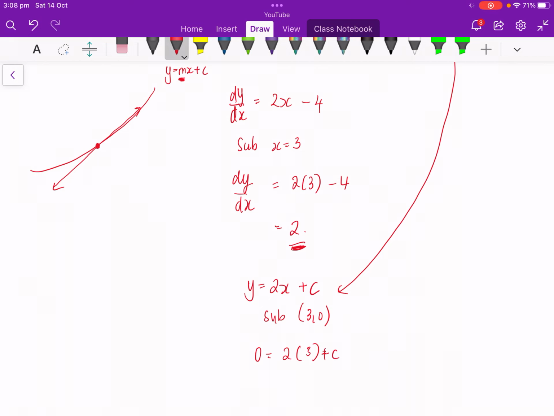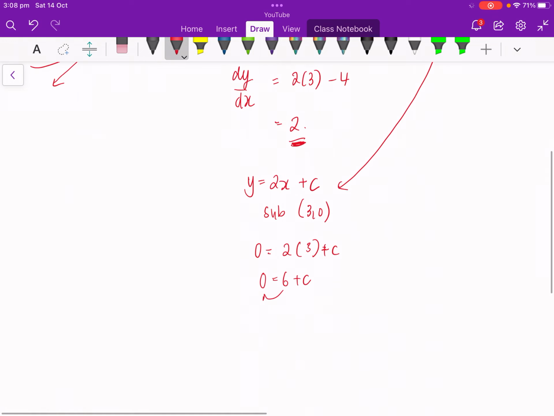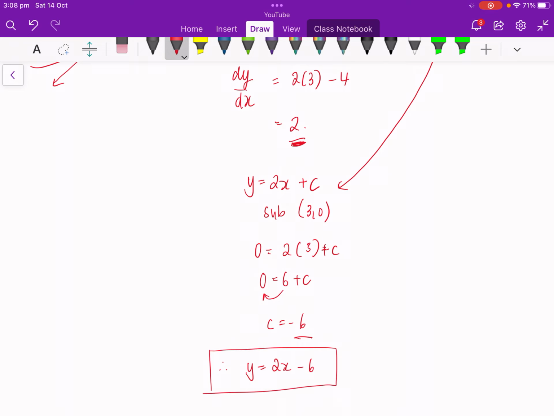So that's 0 equals 6 plus c. If I rearrange, bring that 6 to the other side, make it negative, my gradient is going to be 2 and my y-intercept is negative 6. Therefore, y equals 2x take 6. Yep, and that's my answer.